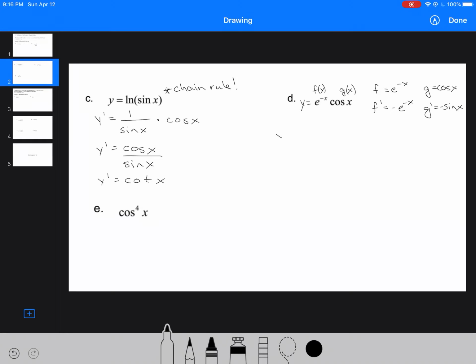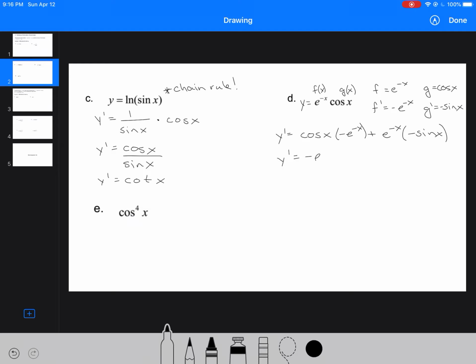And then we're going to take the derivative here using the product rule. So we've got y prime equals g times f prime plus f times g prime.